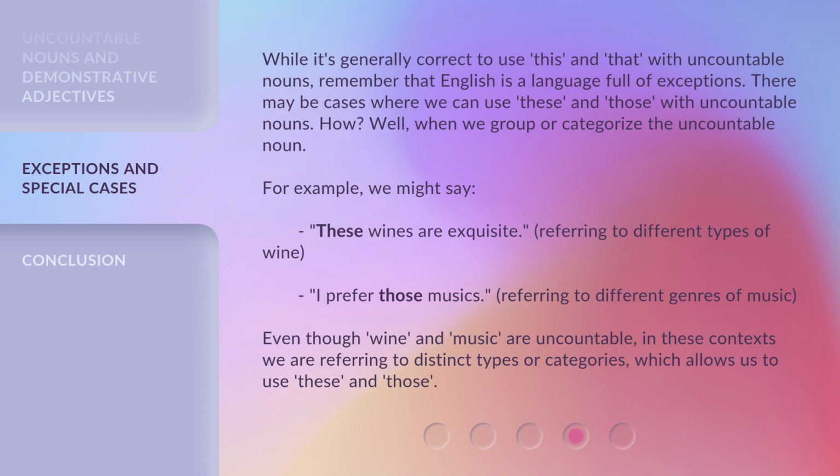For example, we might say, "These wines are exquisite," referring to different types of wine. "I prefer those musics," referring to different genres of music. Even though wine and music are uncountable, in these contexts we are referring to distinct types or categories, which allows us to use these and those.